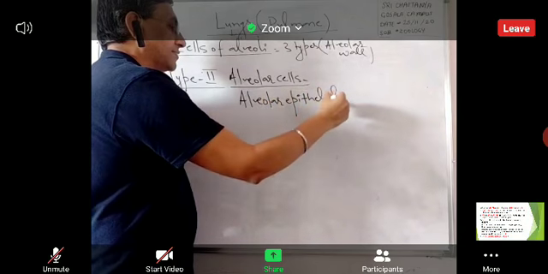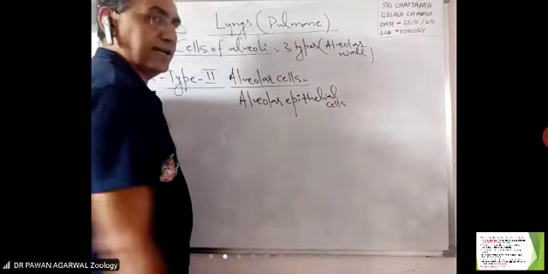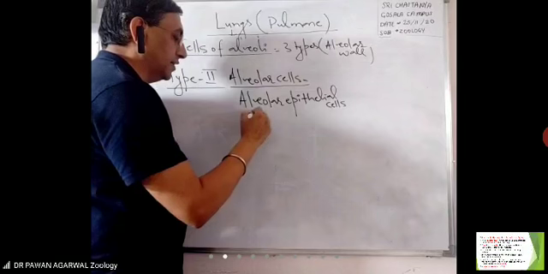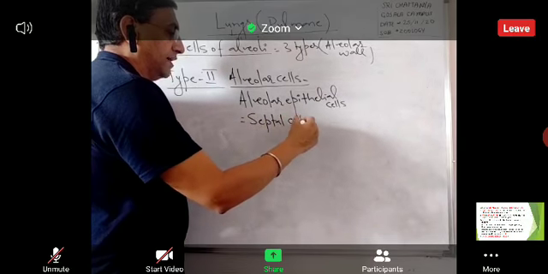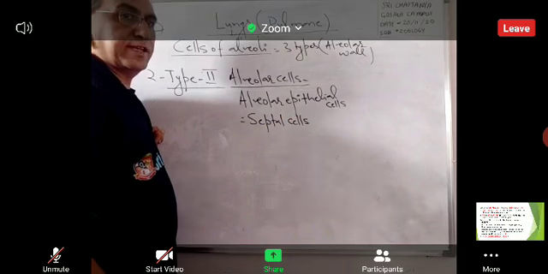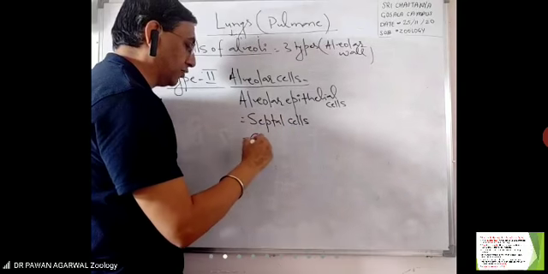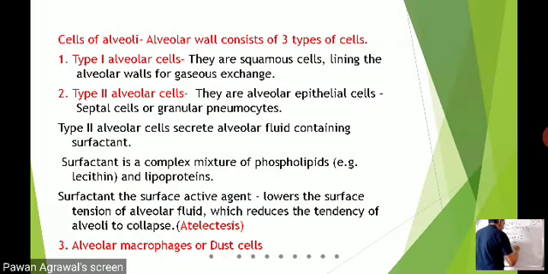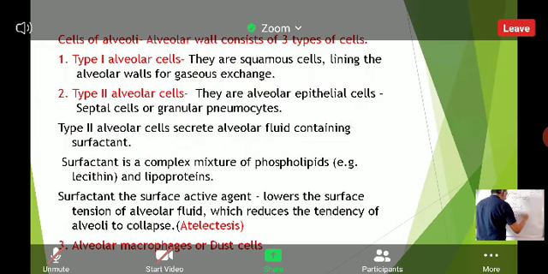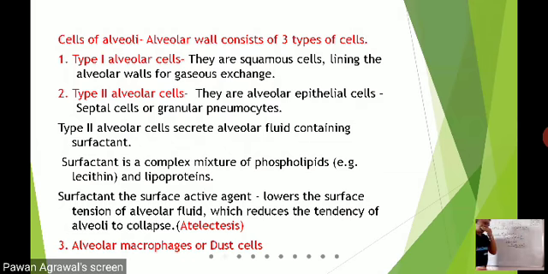They are known as the alveolar epithelial cells. They are known as the septal cells. They are known as the granular pneumocytes. Pneumo means lungs, so these are cells present in the lungs.